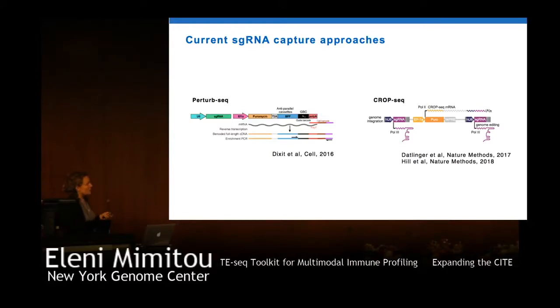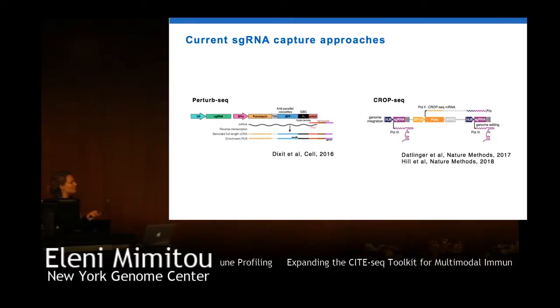And with CROP-seq, one issue was the low capture rates, because at the end you capture a Pol2 transcript, so it's subject to the dropout problem. This was partially resolved, actually very well resolved, by just doing an enrichment of the transcripts with specific primers. But again, the problem remains the same.